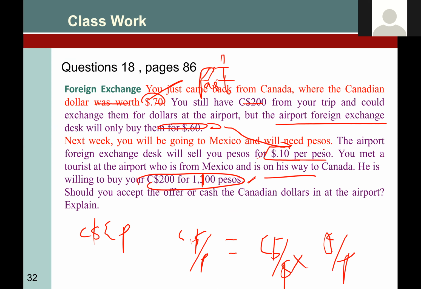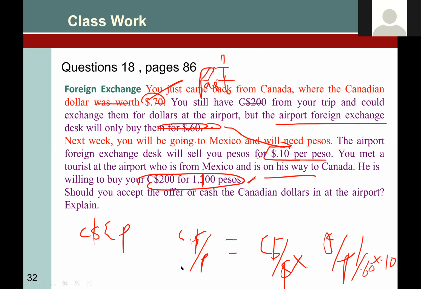Yes, it is 0.10. And do we have Canadian dollar over dollar? We have dollar over Canadian dollar, right? This 0.6. It means we need to reverse it. So in that case, 1/6, right?